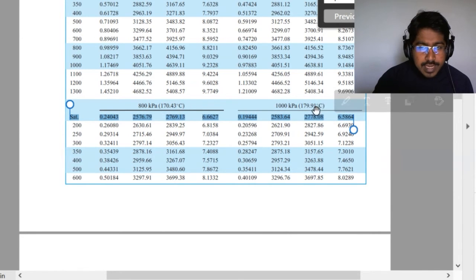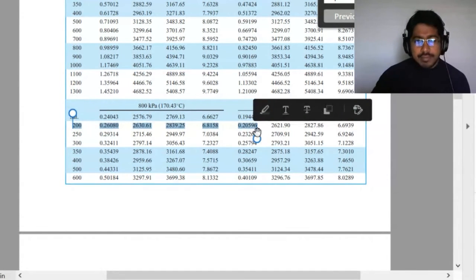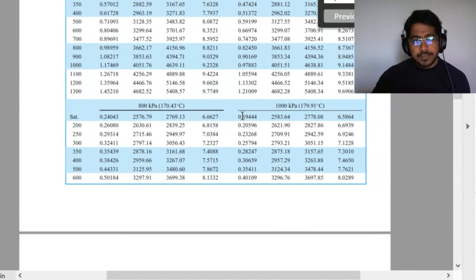So it is 179.91 Celsius, the conditions for 179, right? And we also have the property values for 200 Celsius, but we don't have the values for 190. Therefore, we have to do interpolation. You remember, I mentioned if we don't have the exact value, then we take that interval of data we have and interpolate, assuming a linear variation within the range, right?